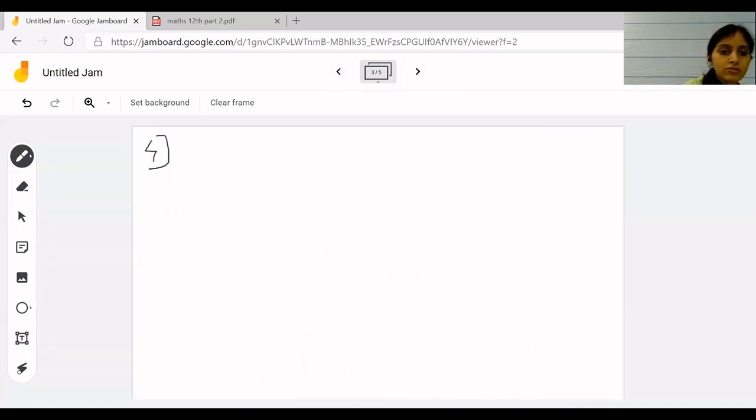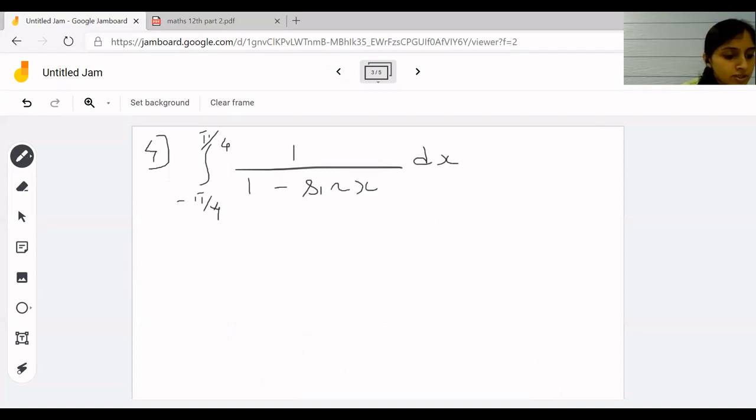Okay, so the fourth sum says integral from minus pi by 4 to pi by 4, 1 upon 1 minus sin x dx. Okay, so let us solve this. Now, how do we solve this? So, we're going to multiply the numerator and denominator by 1 plus sin x.